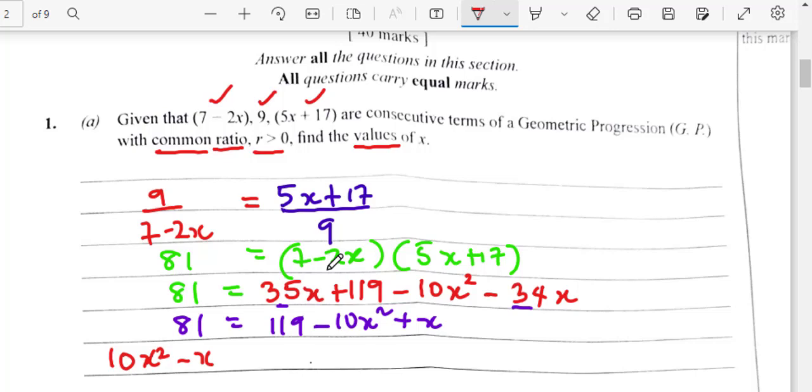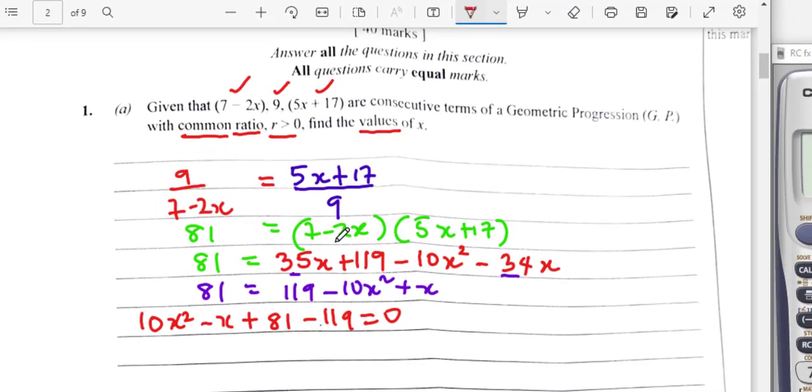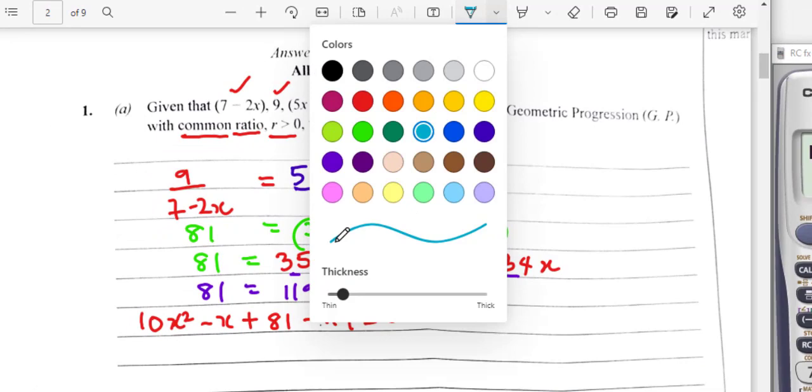In other words, if I subtract x from both sides of the equation, I get negative x on the left side. I have got 81 already there. Then I'll send 119 to the left, I have negative 119, which is equal to 0. All right, so that is how my equation is going to be.